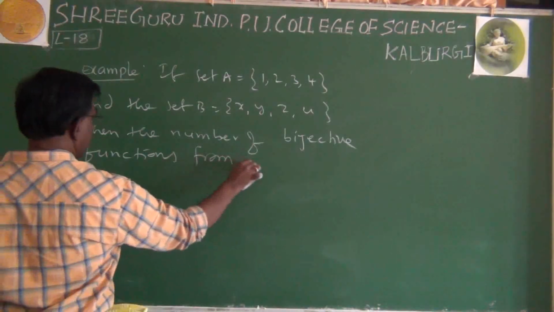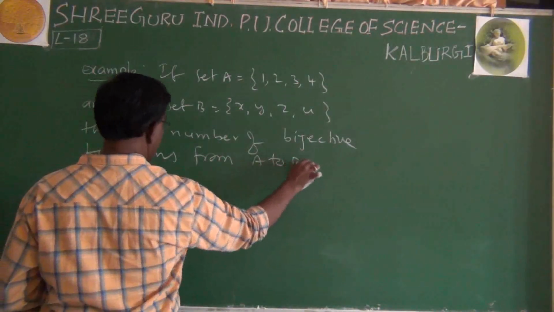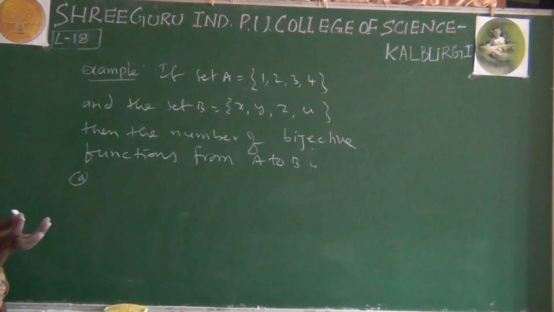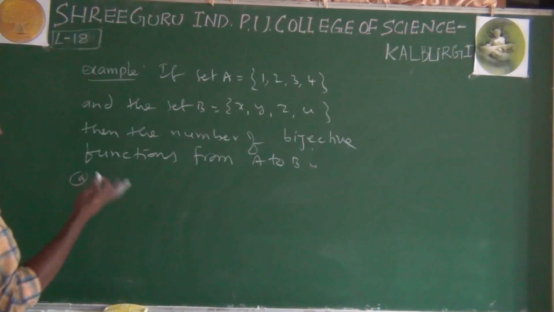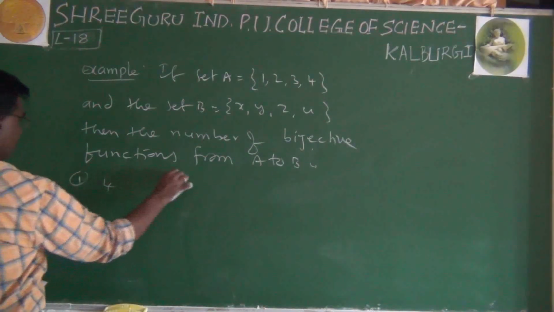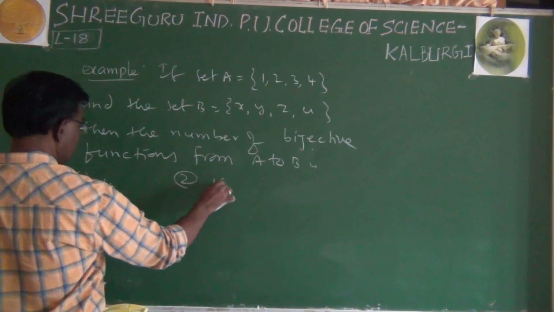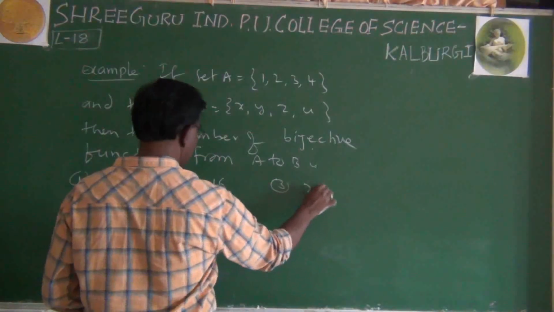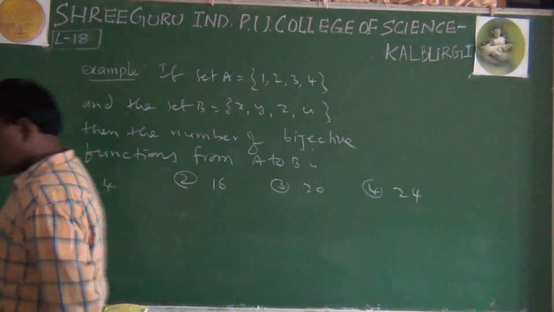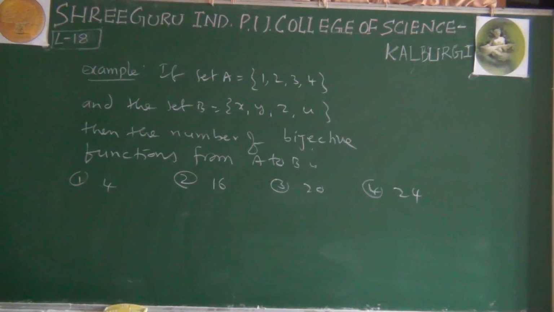Students will easily get this because I already explained the formula. The options are: first option 4, second option 16, third option 20, and fourth option 24. See how many students are getting the correct answer.